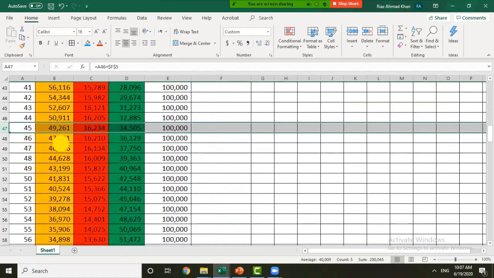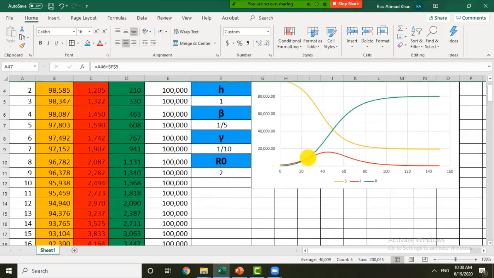Day 45, susceptible population is 49,261, infected population is 16,234, and the removed population, which includes the people who have recovered from the disease or those who have passed away, is 34,505, such that the total population is fixed, 100,000. Similarly, we can compare the other numerical values with the graph.